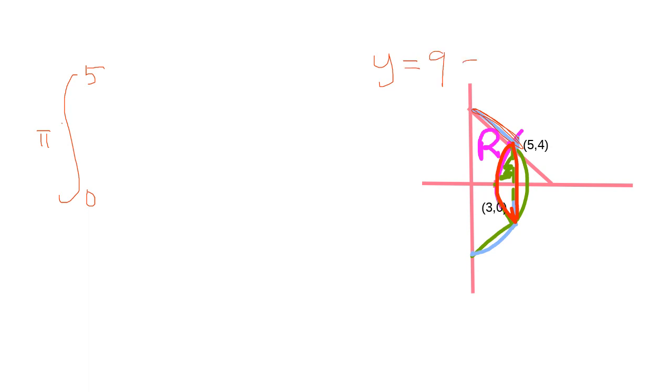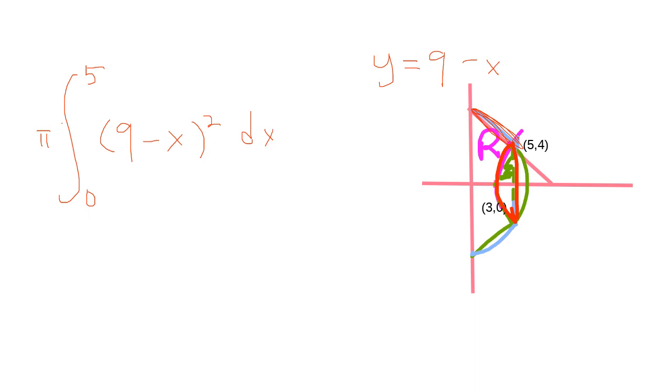The r is 9 minus x. If it doesn't make sense, then let me know. Okay, stop me. So the r is just this y value, right? Which is 9 minus x. Okay, good. So the r of the big one is 9 minus x. So we have pi r squared.